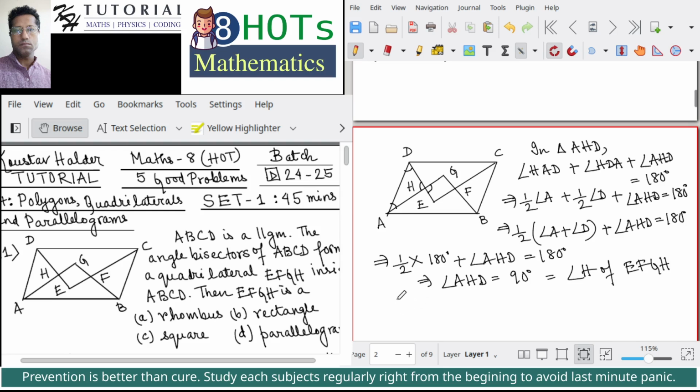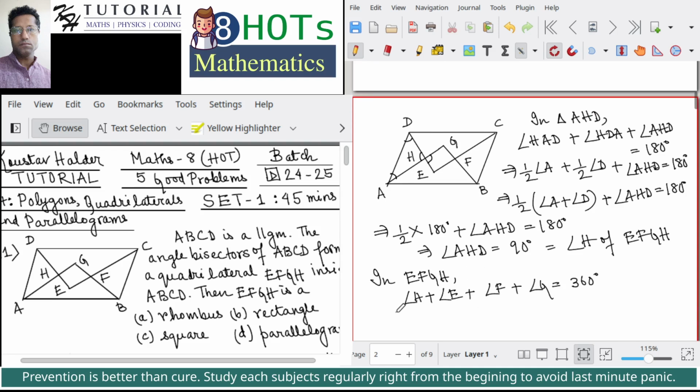Now clearly the remaining angle F of the quadrilateral EFGH has to be 90 degrees. If three angles of a quadrilateral are all 90 degrees, then definitely the fourth angle has to be 90 degrees, because in a quadrilateral the sum of all the angles is equal to 360 degrees. So angle H plus angle E plus angle F plus angle G is equal to 360 degrees.